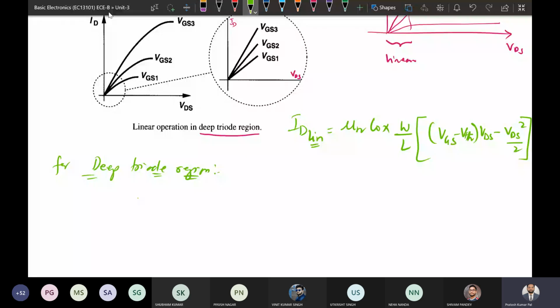At the start of the operation, when the current flow starts, that means the MOSFET is on. MOSFET is on means VGS is greater than VTH, the threshold voltage.